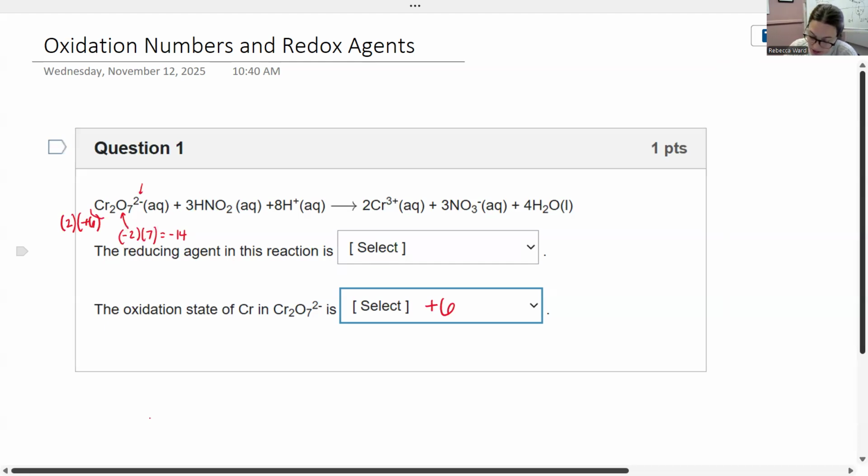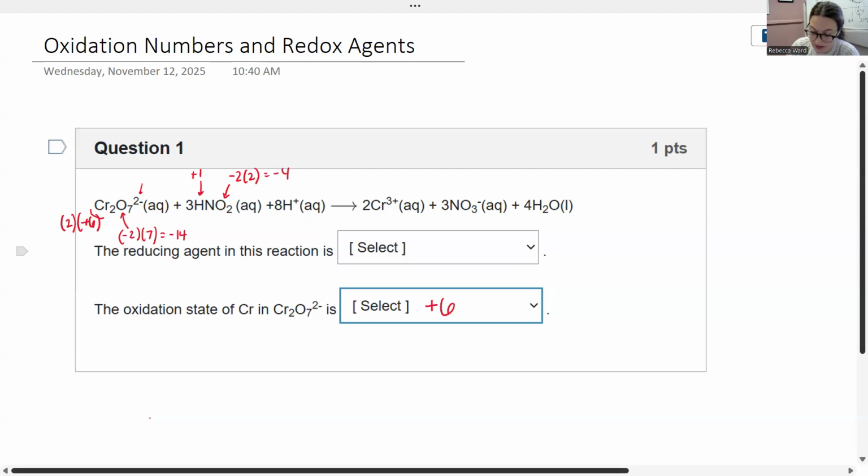And then let's look at our nitrous acid. So we've got oxygen again, which is not bonded to itself. That's -2. There's 2 of them, so that's -4. Hydrogen, I'm going to do next. We know that's always +1.